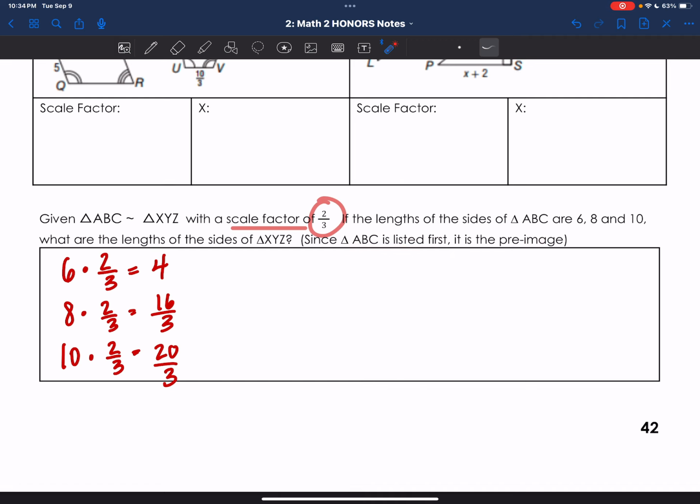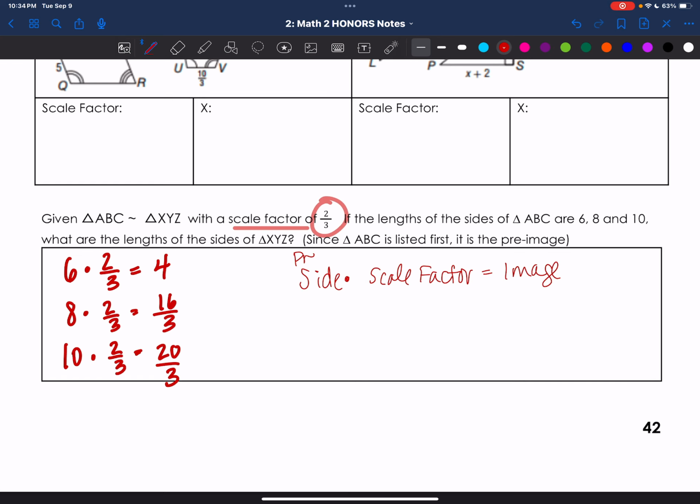All right, so now we know. All you're doing is taking your sides times the scale factor. Pre-image side times the scale factor gives you your image.